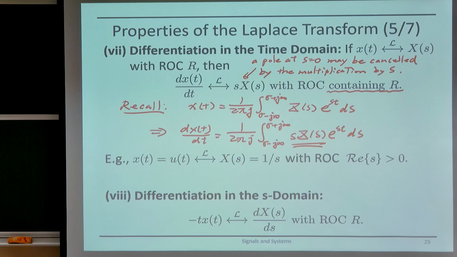Now, if you take the derivative of this, we know in the time domain this is the delta function. In the s domain, this is s times X of s, where X of s is 1 over s. If you plug it in, s times 1 over s is 1. And now the region of convergence is the entire s-plane.